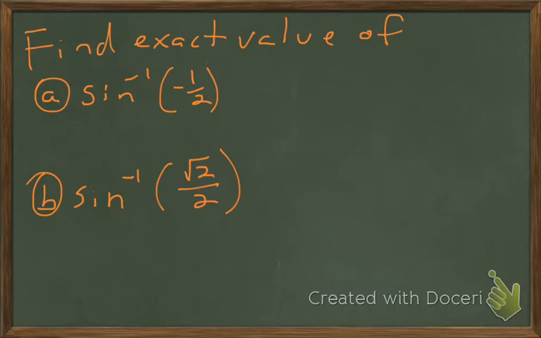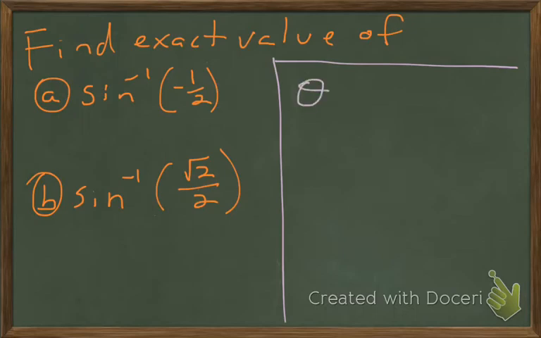Let's say we want to find the exact value of sine inverse of negative 1/2. I'm going to do the work over here on this side. We have our angle, theta, equaling sine inverse of negative 1/2.